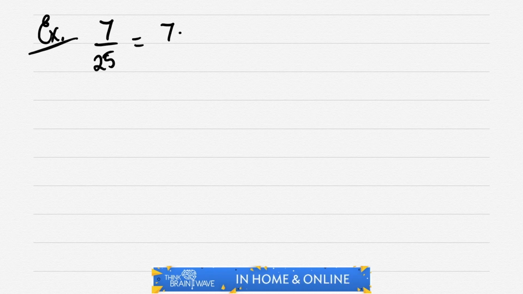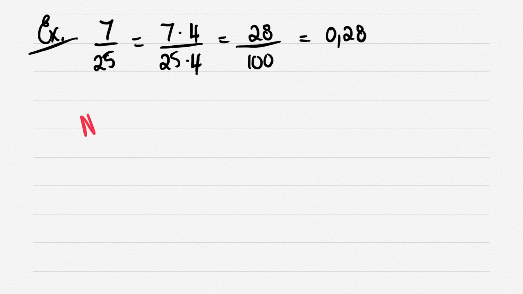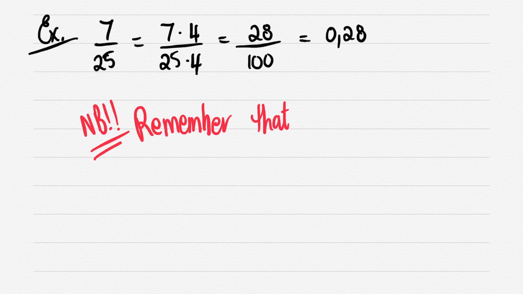So let's do the example 7 over 25. We leave the numerator and we'll say 7 times 4 is the same as saying 25 times 4. So you have 28 over 100 gives you 0.28. I was just converting the base or the denominator into a factor of 100 or 10. So that would be 10 squared.